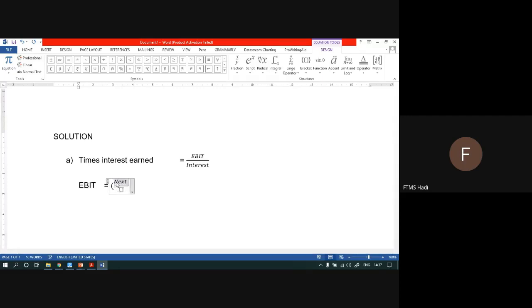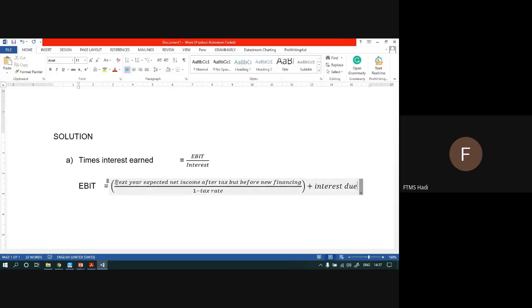It is next year's expected net income after tax but before new financing, divided by (1 minus tax rate), close bracket, plus interest due. So that is the formula.